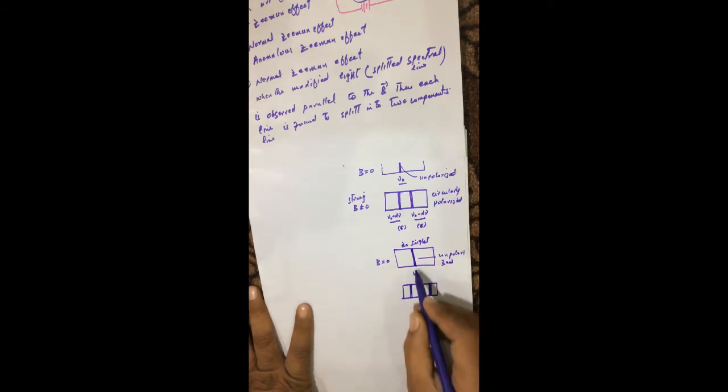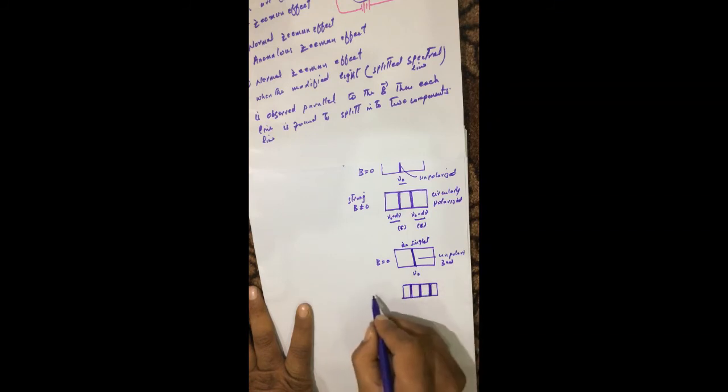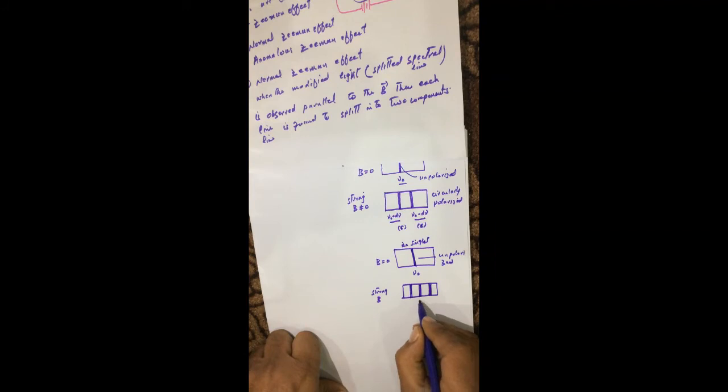So this spectral line is split into three spectral lines in the presence of strong B. Now the central component line is called the pi component, while these two components are called sigma components.